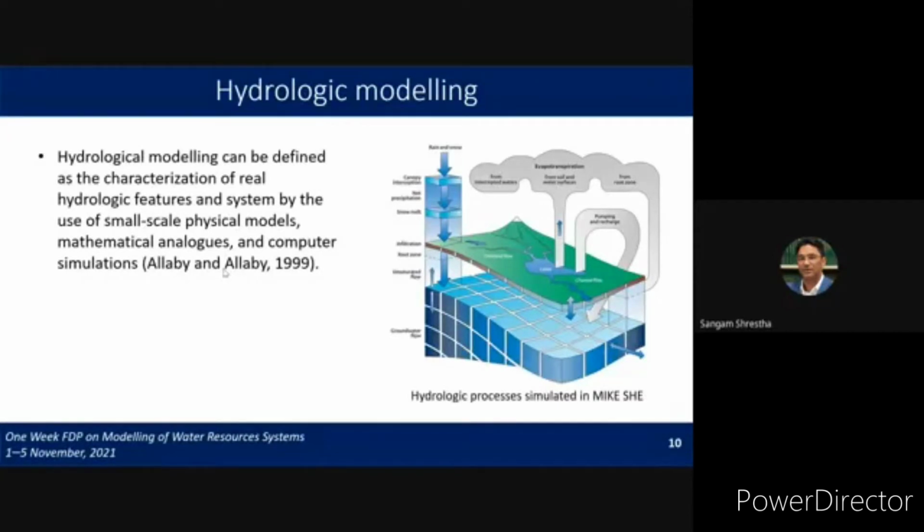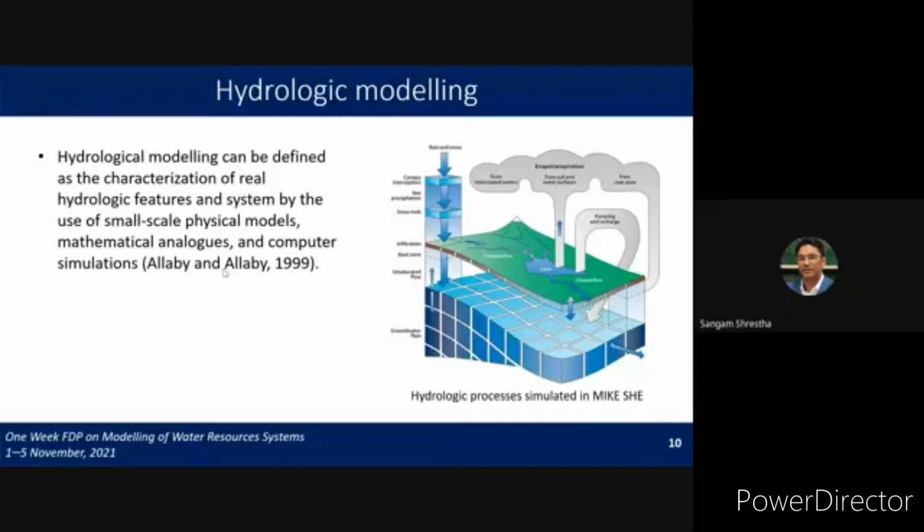Here the real world system is the hydrological processes of the watershed or the river basin, and that artificial representation of the hydrological processes is represented by several numerical equations.